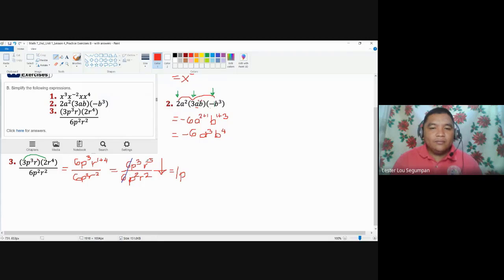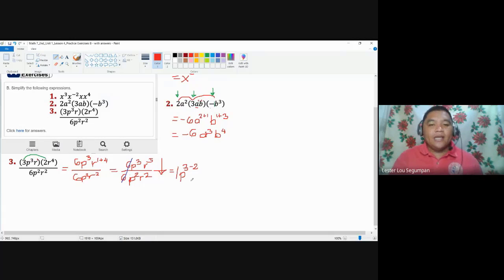P, subtract exponents, 3 minus 2. Do not interchange the two different exponents. It should be the exponent of the numerator as your minuend minus the exponent of the denominator as your subtrahend. It should not be interchanged because again, there's no commutative property for subtraction.